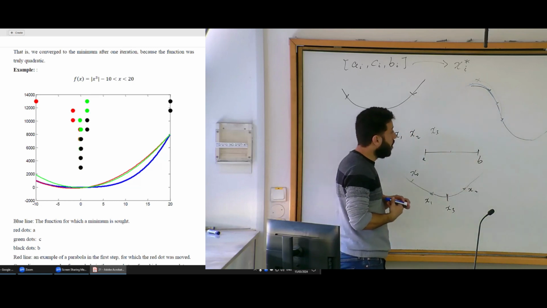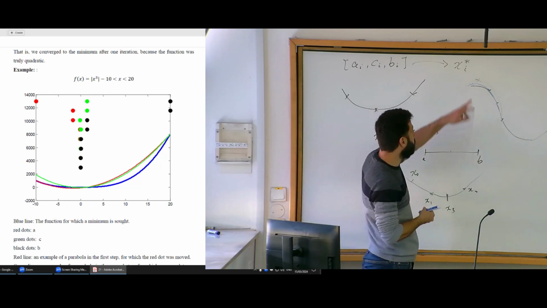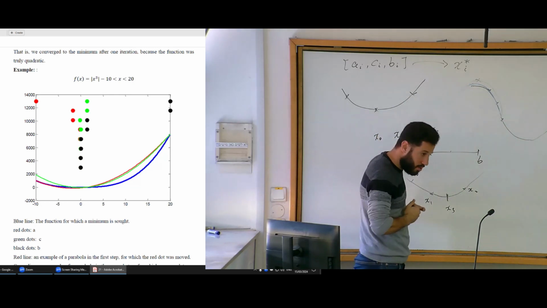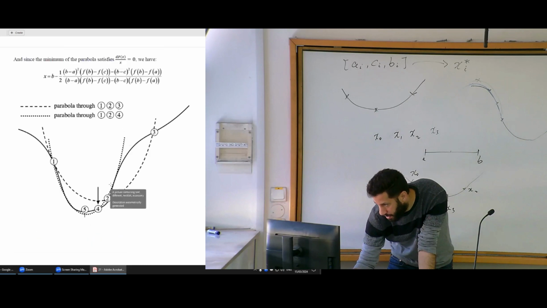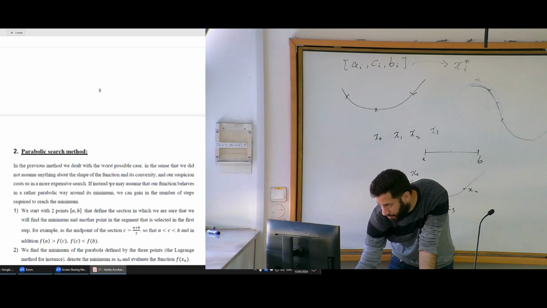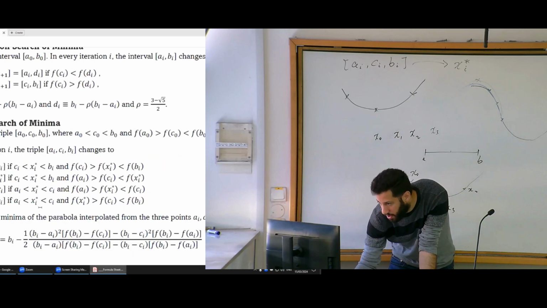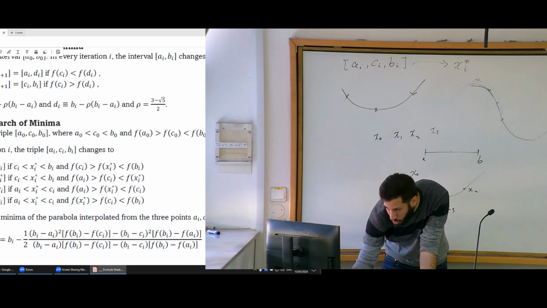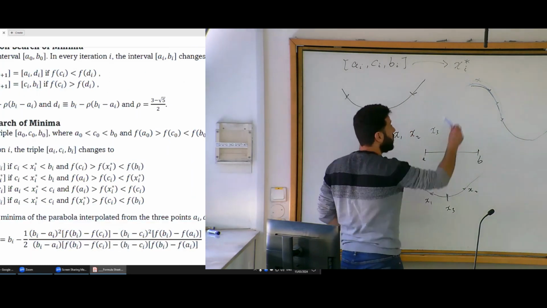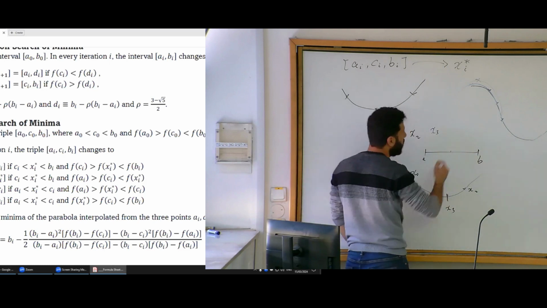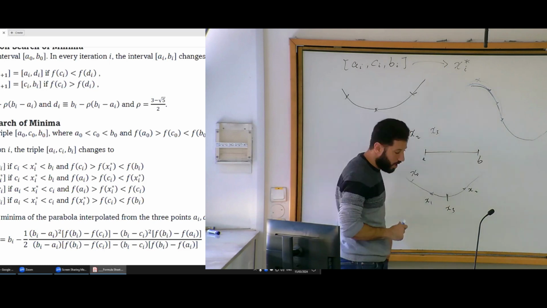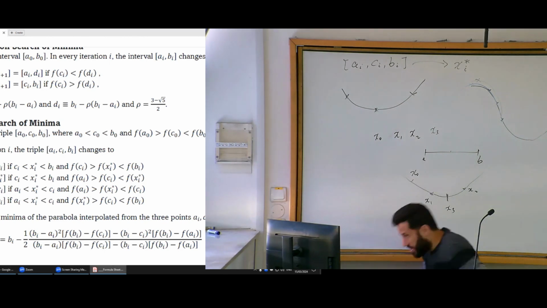Now I will talk about these 3 points. Again, I will always take the new section to have the new point, the new point with the 2 other points. So this way I will get to some maximum.